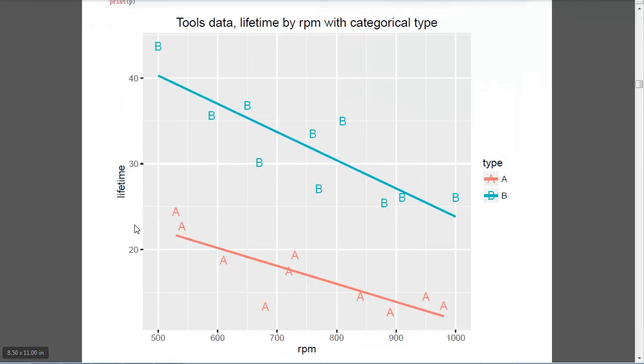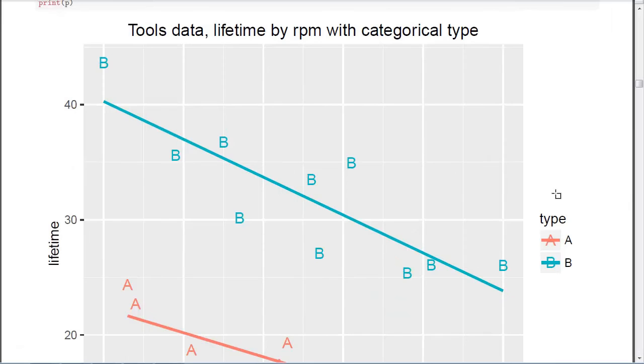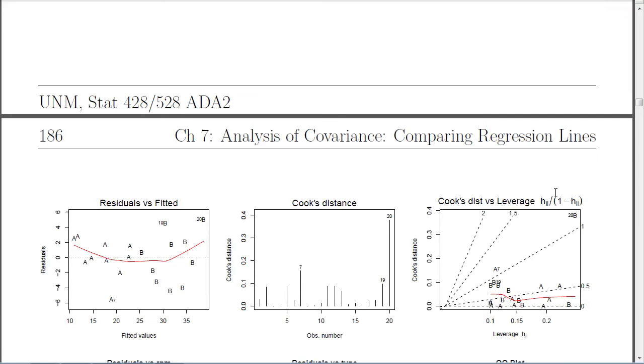And that's because tool type A is down near 20, tool type B is up around 35 or something, and because tool type A is closer to 0 and you can't go negative, the variance must end up being less at those lower values. That's basically a constraint of having positive only values for lifetime. So maybe a transformation would be interesting here. Page back down.